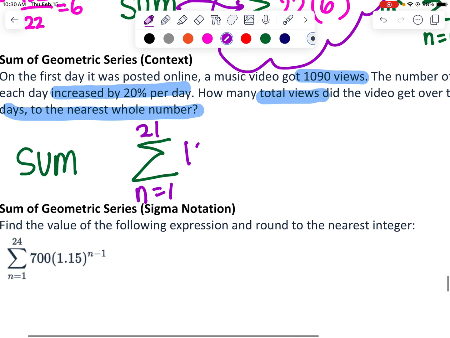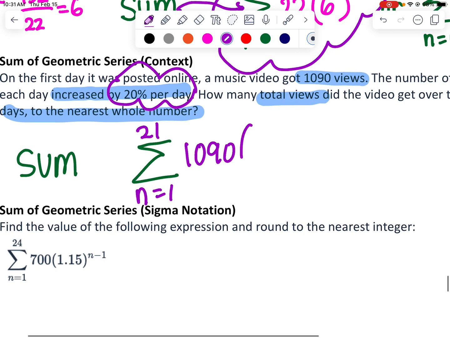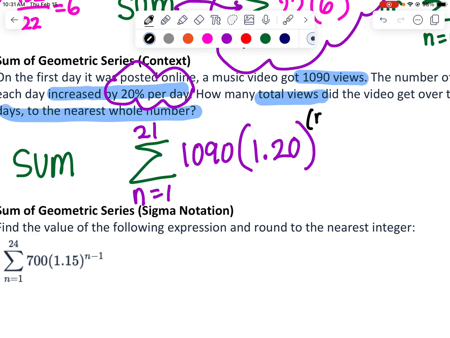The first day got 1,090 views, so I'm going to start there. And it's increasing at 20% per day. So if it's increasing, it's 1 plus, and 20% as a decimal is 0.2. Since we started with the first term, it's to the n minus 1 power. All right, so I'm going to type that into Desmos. Again, I type in sum, I go from the first to the 21st day, and then 1090, don't use commas.